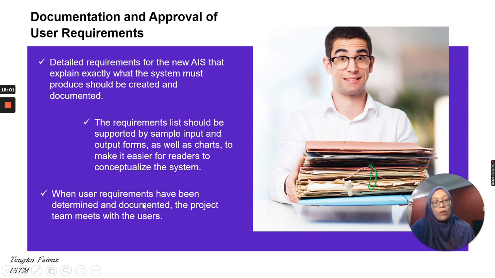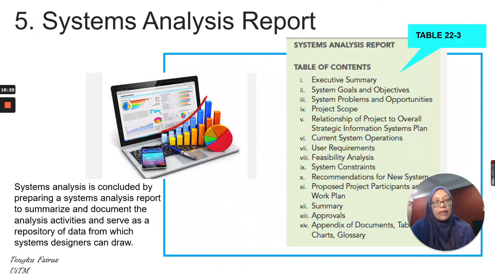So when the users' requirements have been determined and documented, the project team meets with the users, and then they get approval from the users. They need to put into the document all the evidence, the needs, the requirements, the samples, the prototype, everything, in the requirement list.